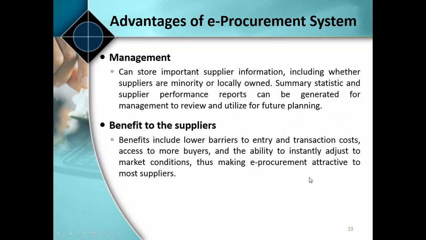Kalau kita pakai secara manual, biasanya supplier kena hantar borang macam-macam untuk dia bid kita punya tender. Tapi bila melalui e-procurement lagi senang lah kan. Of course menjimatkan kos kepada diorang juga.